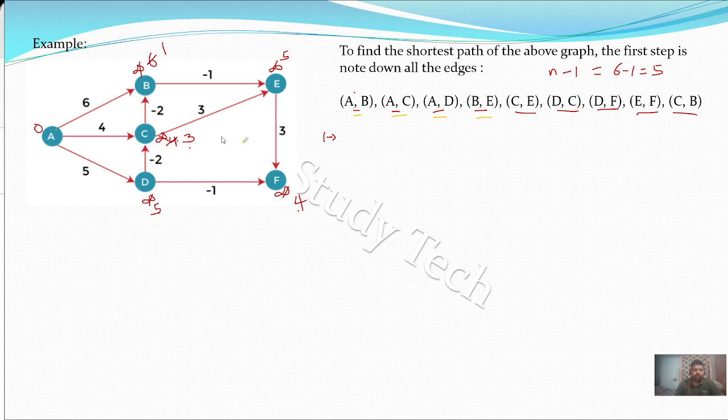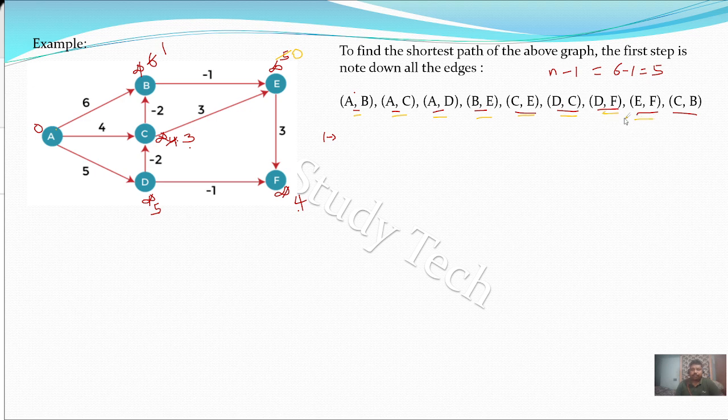B to E: 1 minus 1 is 0, but here 5 is there, so 0 is the minimum, we have to update it. C to E: the C value is 3, 3 plus 3 is 6, already 0 is there, leave it. D to C is 5 minus 2, that is 3, 3 already there, leave it.